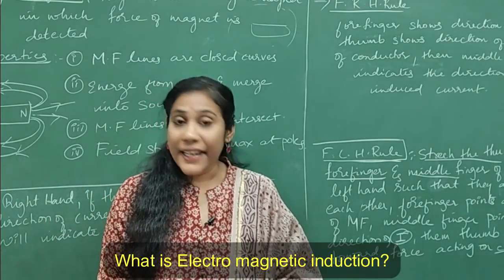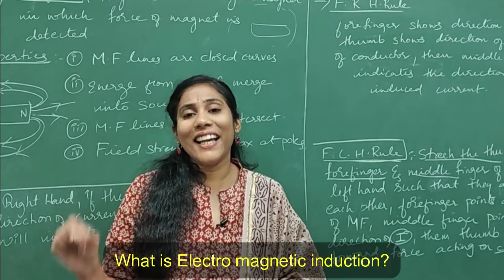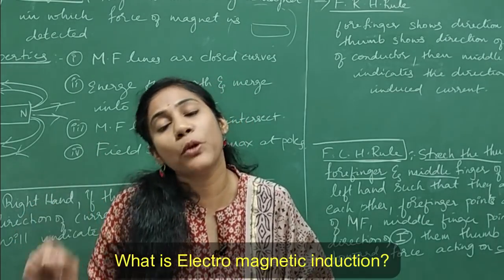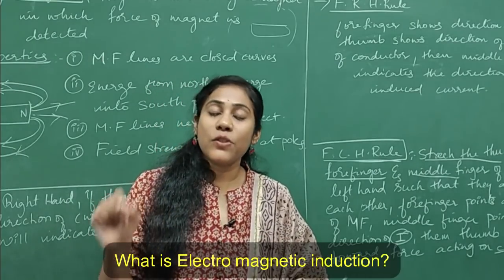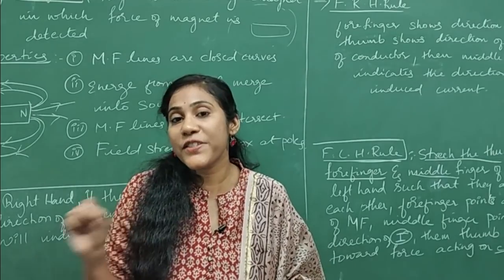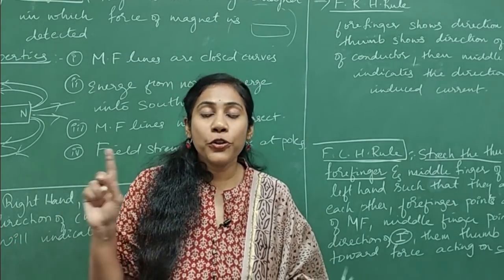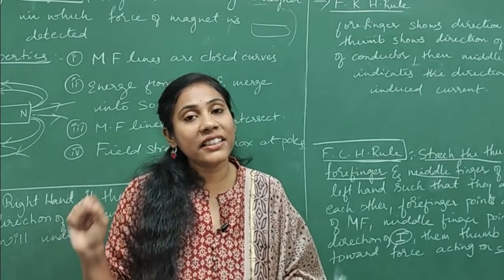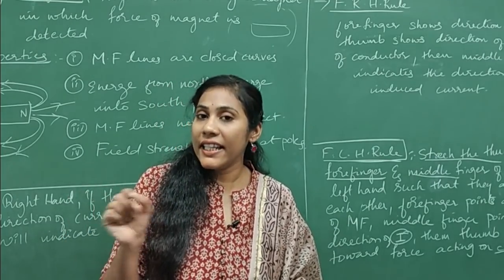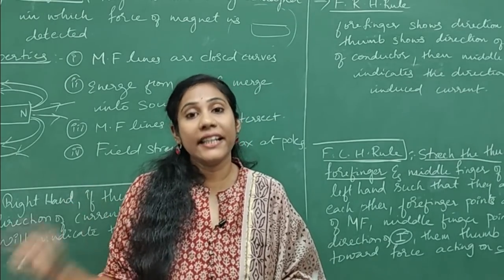Okay, fine. And now let us go for principle, working and construction of electric motor and principle, construction and working of electric generator. Again, among these 2 questions, one question definitely comes for 3 marks. So you must know how to draw an electric motor, how to draw electric generator, and you must explain the principle, working and construction.